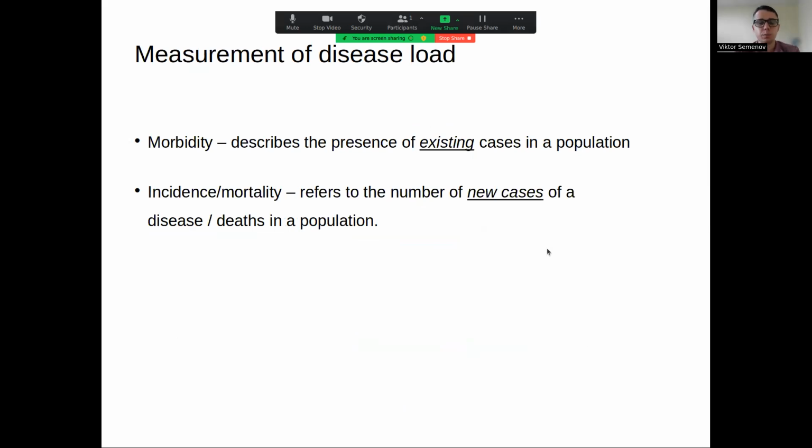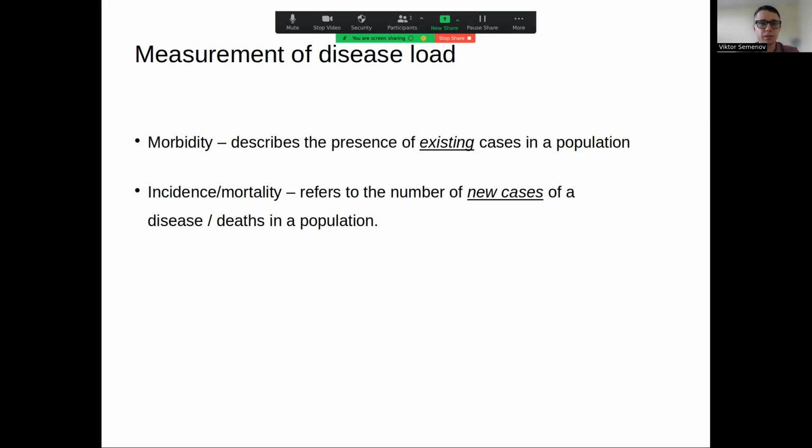Also, when we're speaking about epidemiology, you need to know the parameters which describe the disease load. Usually the most popular indicators used to describe the disease load are morbidity and incidence or mortality.